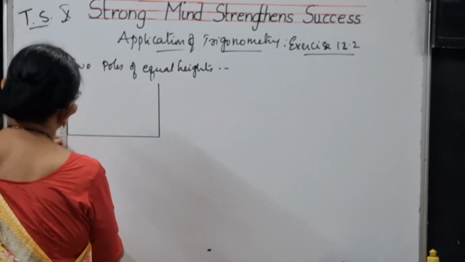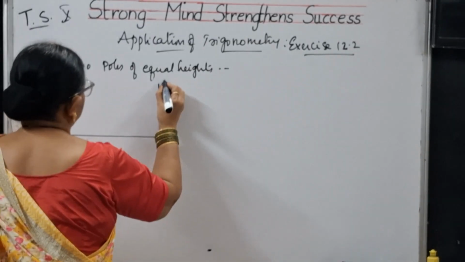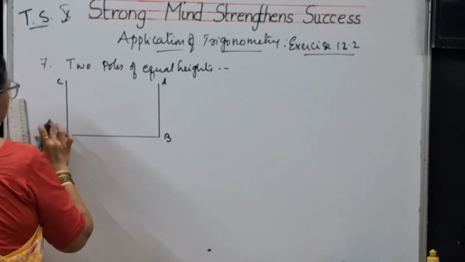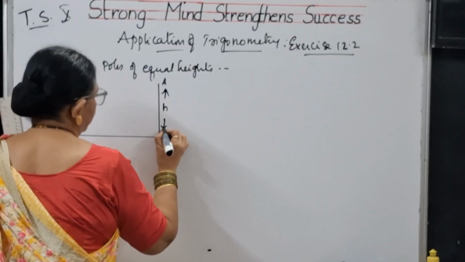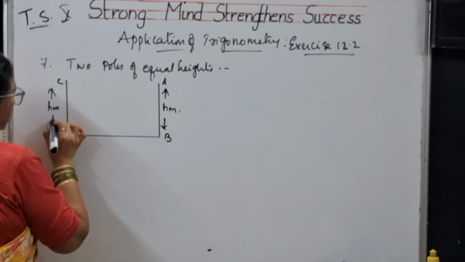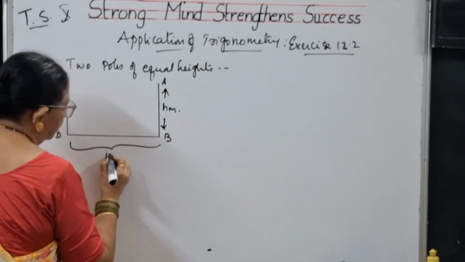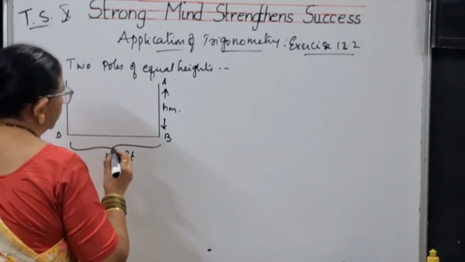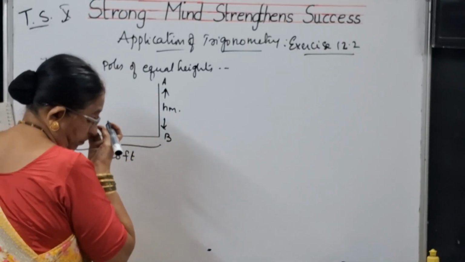So let AB be one pole and CD be another pole. Height we don't know, so let us consider the height as H meters. And the total width of the road is 120 feet. So there is a point in between these two.